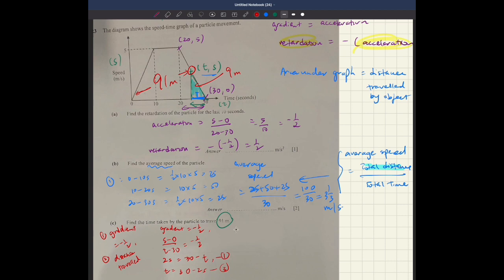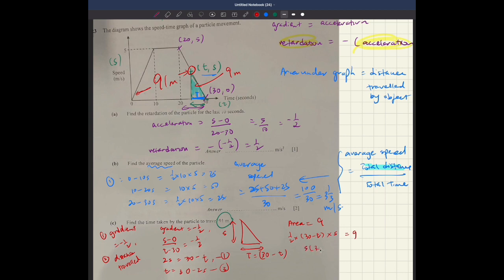Then the second one is equal to the total distance traveled. So let's look at the triangle again. So that means down here is S, and then this is T, and this is actually 30 minus T. So area under the graph is 9. So half times base times height, S is equal to 9.